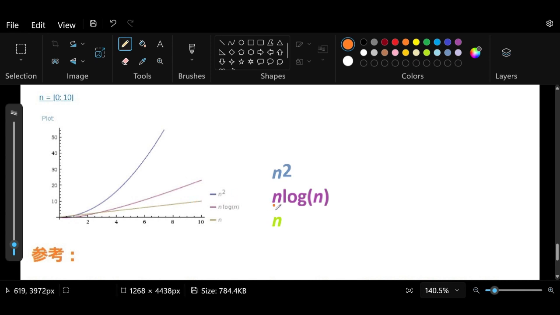But if it's n log n, it's moving upward in this way, which means that it's going to take more time to finish. And if it goes up in this way, which is really an exponential kind of curve, n squared, then it's going to take a lot more time to finish the code, the set of instructions.